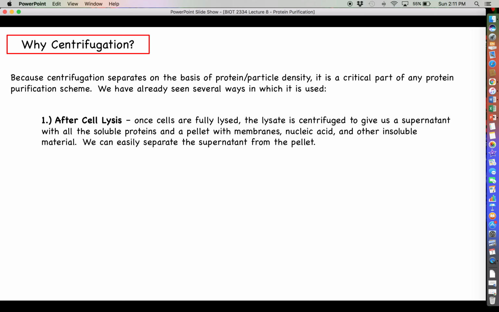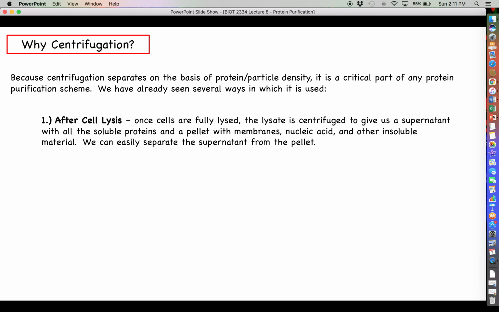So once we bust open the cells, we disrupt the cell membrane, and we get all the intracellular contents leaking out, we can centrifuge the lysate to give us a supernatant, which is going to contain all of the soluble proteins, and then you'll also get a pellet that's going to contain all of the insoluble stuff, such as membranes, nucleic acids, and any insoluble membrane proteins that we did not extract from the membranes if we did not add a detergent.